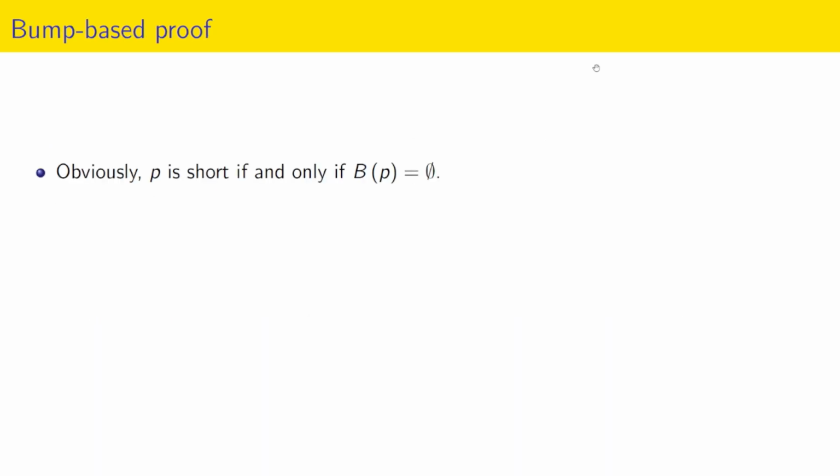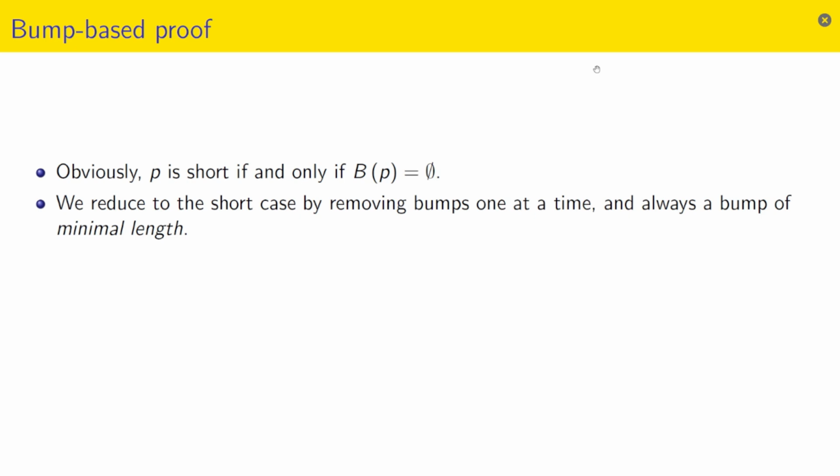Now, the obvious but important fact is that whichever string P, not necessarily balanced, that you take, let's say in two letters A, B, and conjugates, it's short if and only if there are no bumps in P. So the idea now is to reduce to the short case by removing bumps one at a time, and we do that in a suitable way.